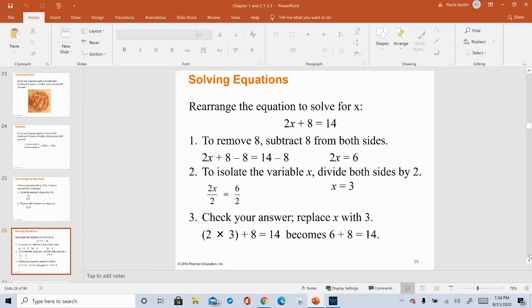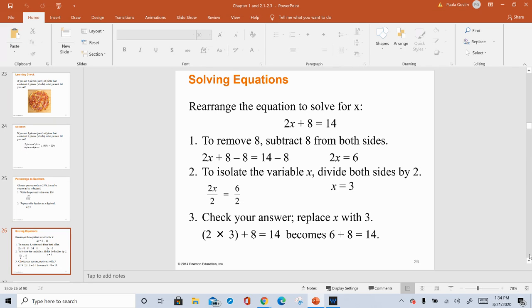Okay, so solving equations is really important for our class. If you have an equation algebraically, 2x plus 8 equals 14, and we want to solve for x, our first step will be to subtract 8 from both sides. On the left side, 8 minus 8 is 0, so that gets taken out.